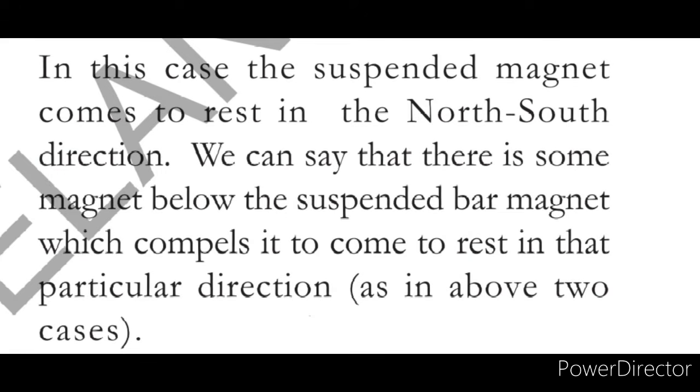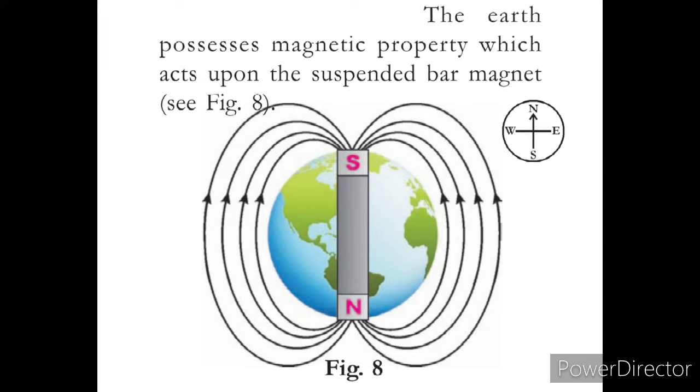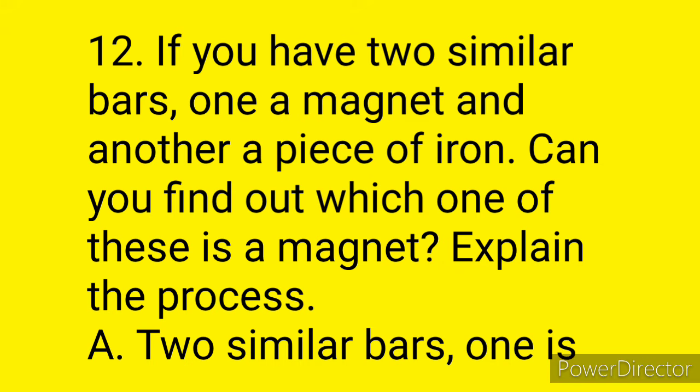In this case, the suspended magnet comes to rest in the north-south direction. We can say that there is some magnet below the suspended bar magnet which compels it to come to rest in that particular direction. The earth possesses a magnetic property which acts upon the suspended bar magnet.